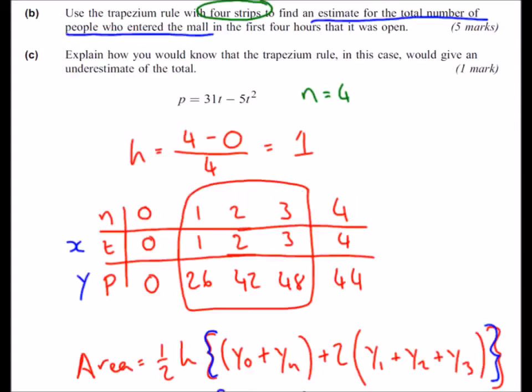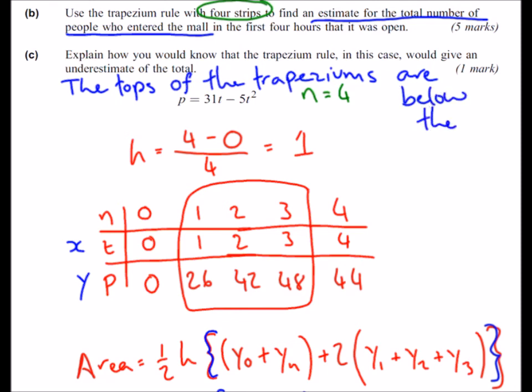So in this case, we can say, explain how you would know that this would give you an underestimate. The areas for trapeziums we're finding are below the curve, the tops of the trapeziums are below the curve.